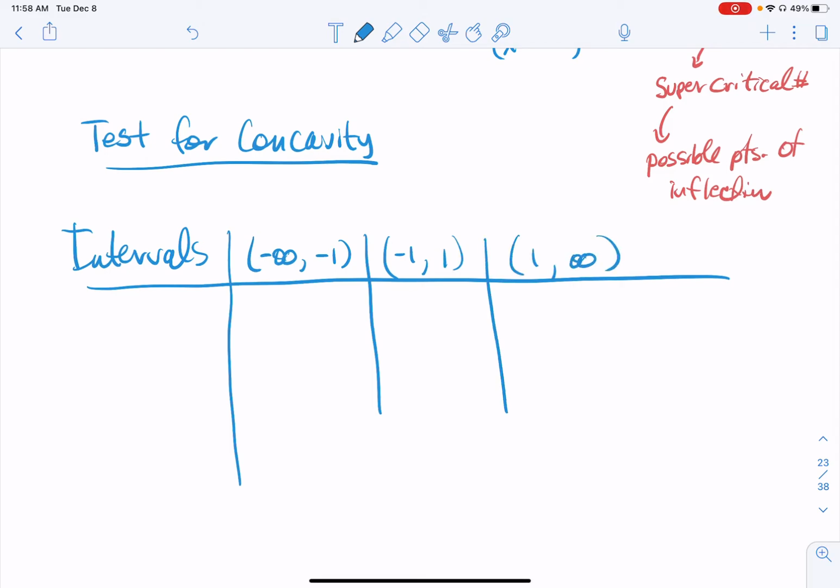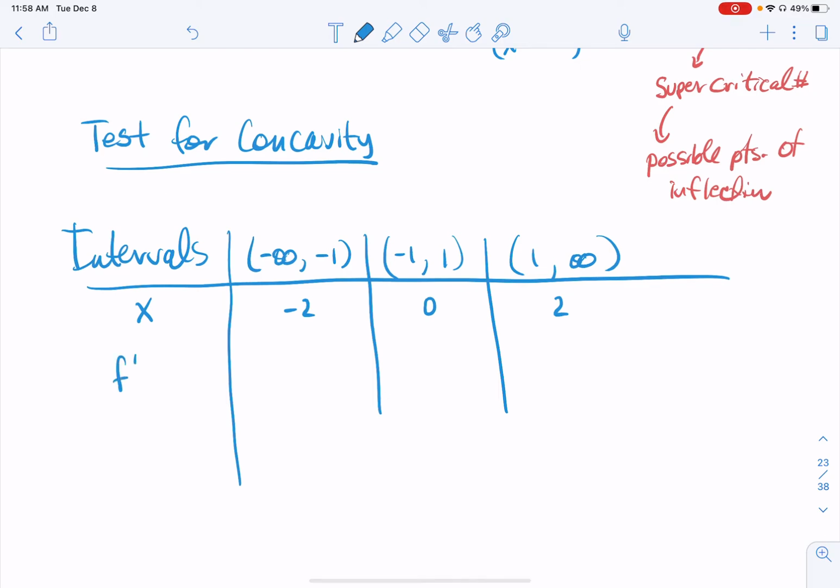And then just like we did with the test for increasing or decreasing, we need a test value, some x value in each one of these intervals, like a -2, a 0, a +2. Where are these test values going to go? If we're going to test for concavity, we need to see if the second derivative is positive or negative.